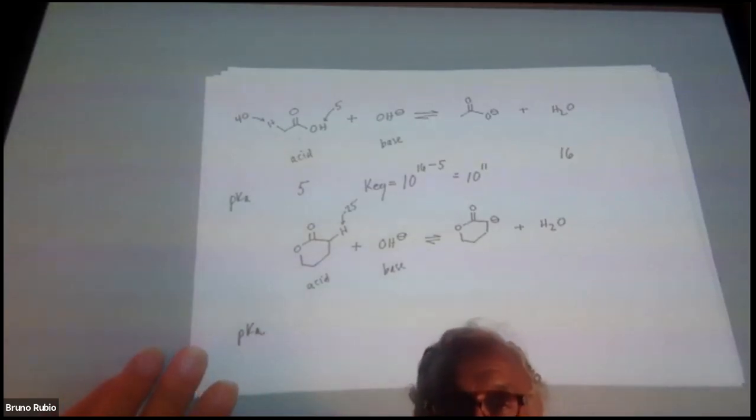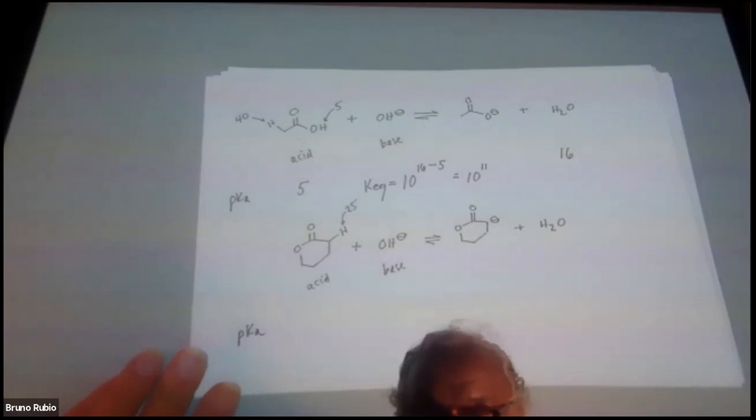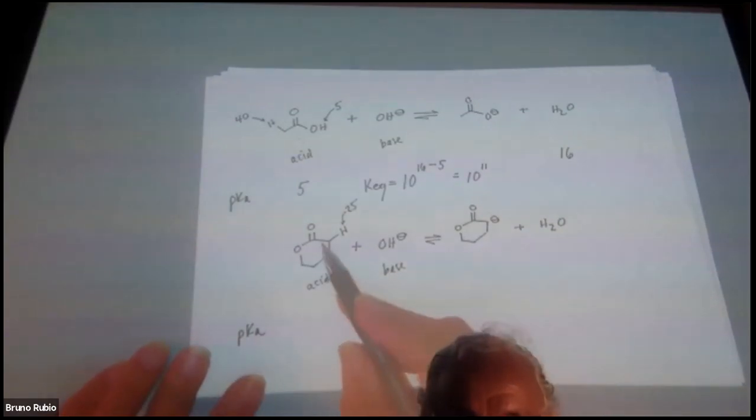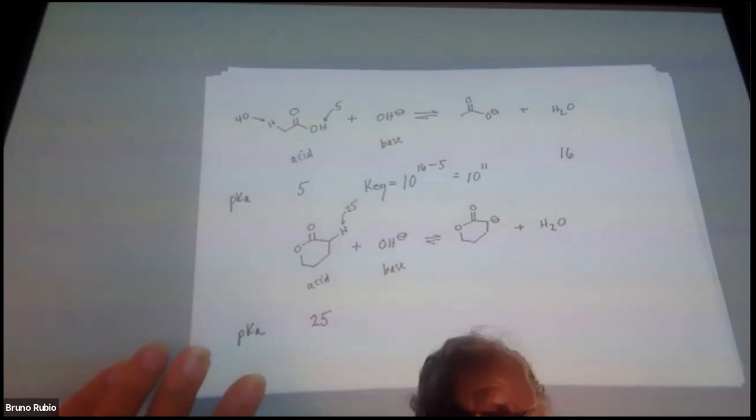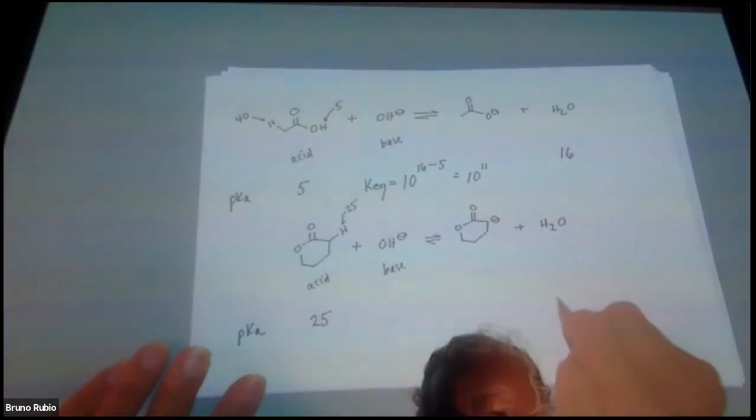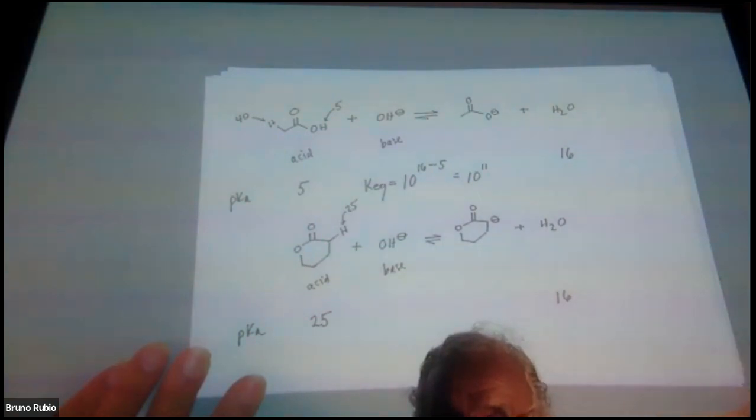Is this reaction going to give a big percent yield or isn't it? So this is an ester. The pKa of an ester, according to that table, is 25. This is water, the acid on the right-hand side. The pKa of water, according to that table, is 16.